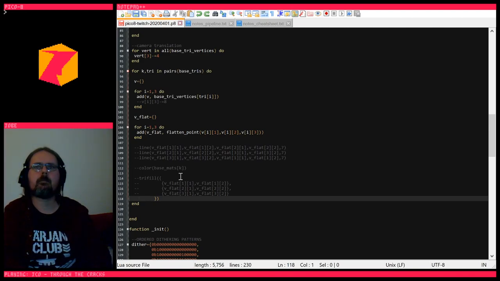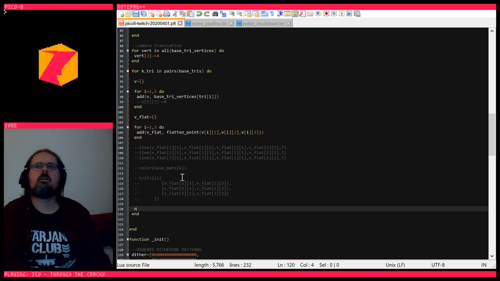So let's define a new array called new render queue triangle.